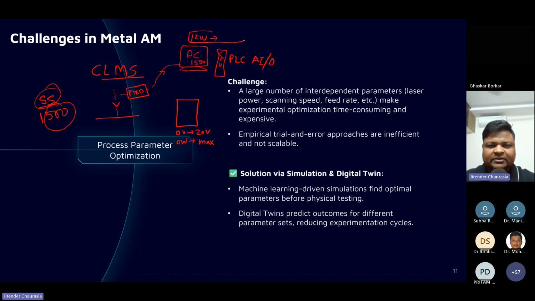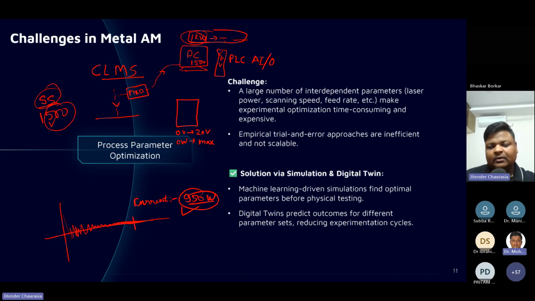I don't know what it is for this temperature, so I'll just run at a certain speed, and it will keep running for a certain time. At this time, when it is coming in line, I will read the laser. Let's say it is 950. So I started at what I'm ending up at 950. So this is the power where I should work.